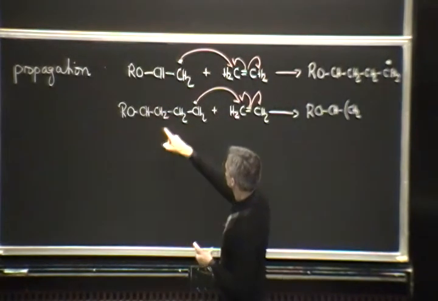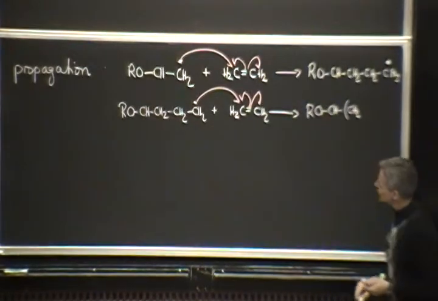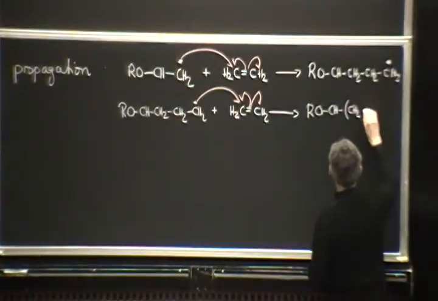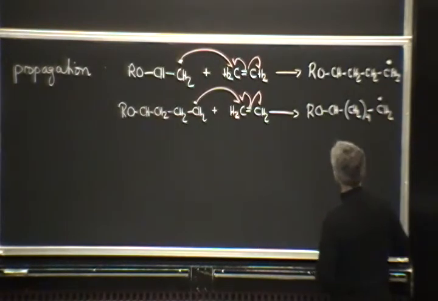So if I count now my CH2 groups, I already have 4 of those. And then I end up with one that carries the radical.